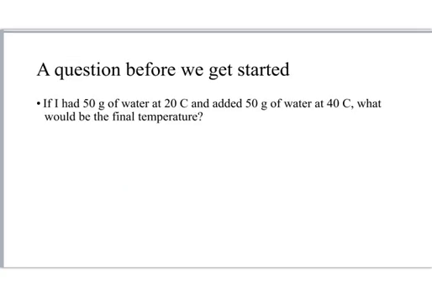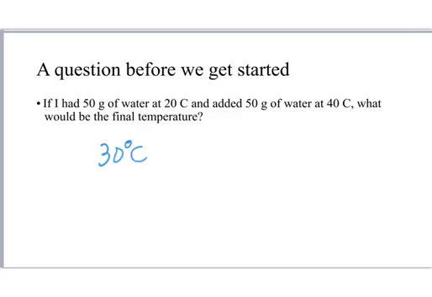Let me ask you a question before we do the lab. If I had 50 grams of water at 20 degrees C and added 50 grams of water at 40 degrees Celsius, what would the final temperature be? Take a second, think about it. Hopefully most of you said 30 degrees Celsius, right in the middle.